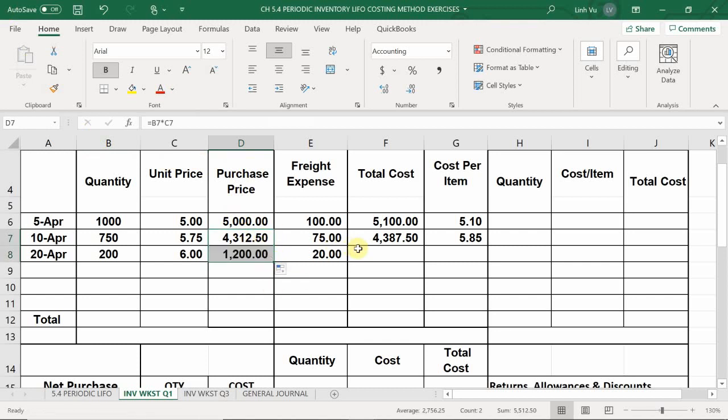Okay, good. And then add that $20 to get a total of $1,220. So here, what is going to be my cost per item? $6.10. Okay.